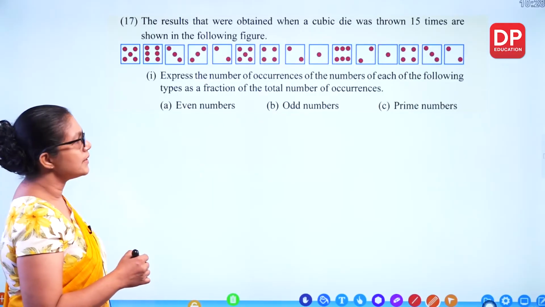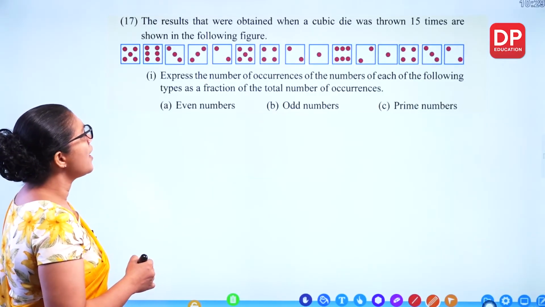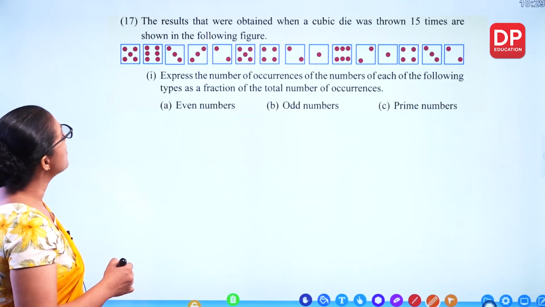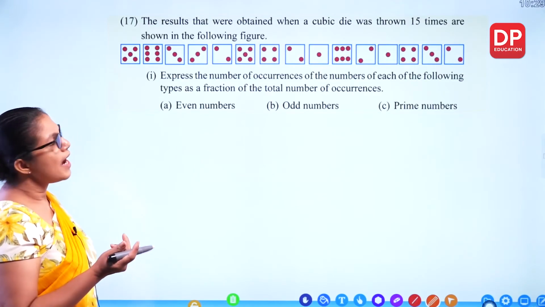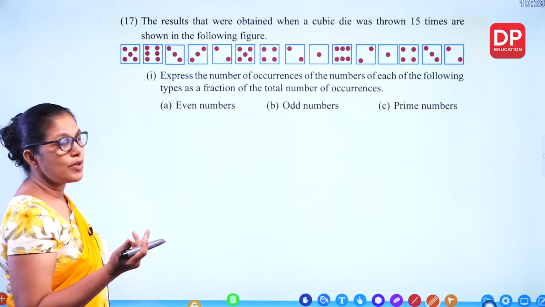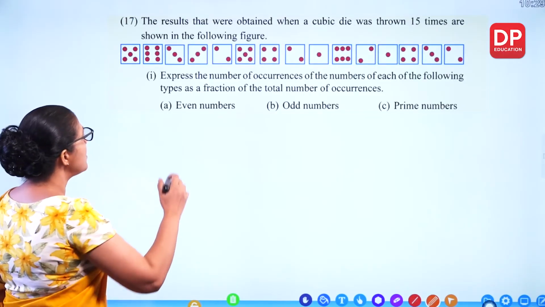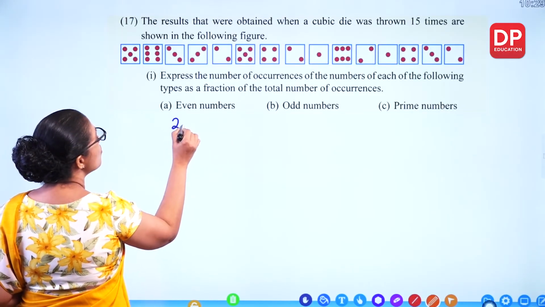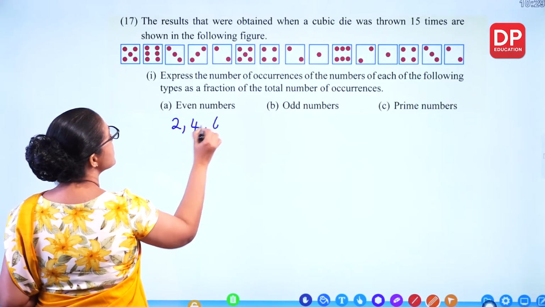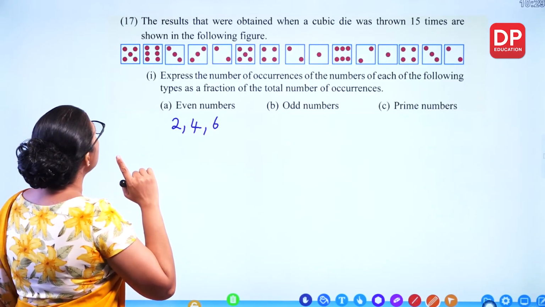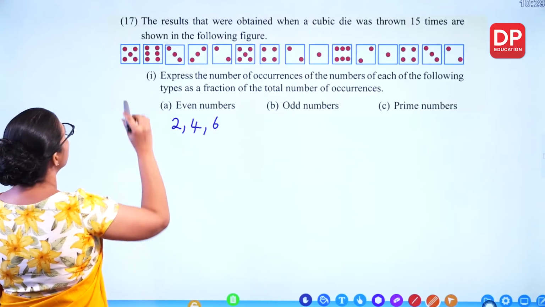Even numbers. We need to find out how many even numbers are there. So when you take a die, what are the numbers you get? 1, 2, 3, 4, 5, 6. What are the even numbers you can get? 2, 4, 6.